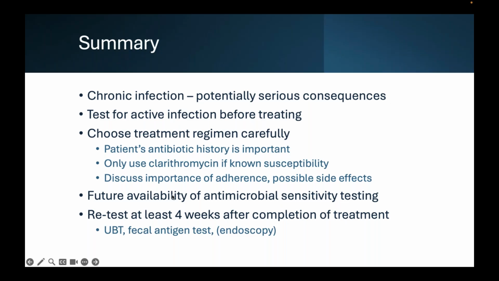However, it's still worth testing those patients for H. pylori infection, even although only a minority will have prolonged symptom improvement. And the reason for that is the simple intervention of testing for H. pylori infection and treating it is still the intervention that produces the most sustained benefit in these patients.